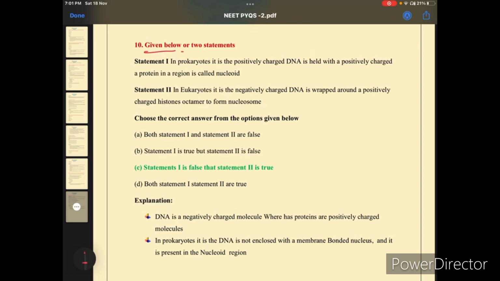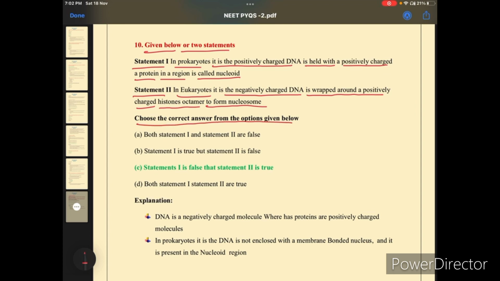Given below are two statements. Statement 1: In prokaryotes, positively charged DNA is held with negatively charged protein in a region called nucleoid. Statement 2: In eukaryotes, negatively charged DNA is wrapped around positively charged histone octamer to form nucleosome. Choose the correct answer from the options given below.